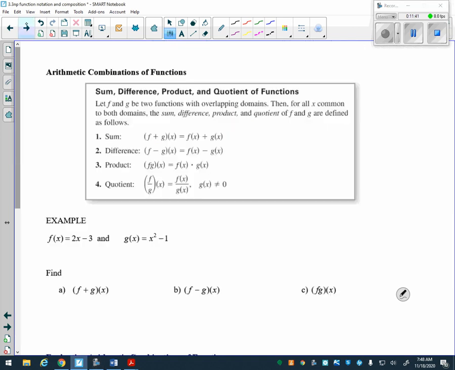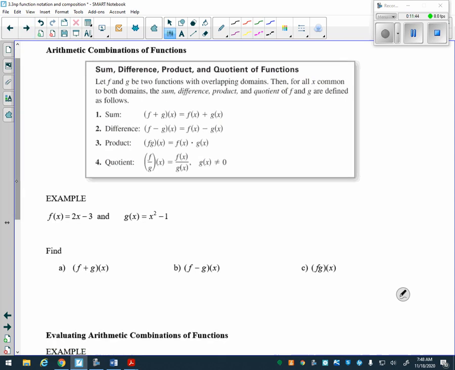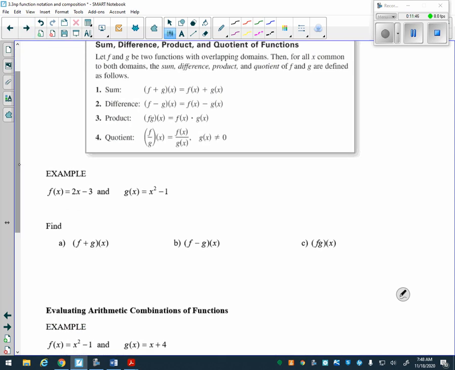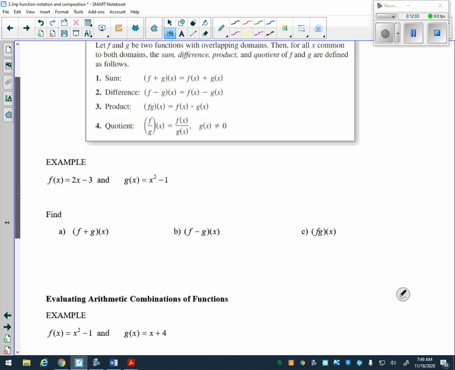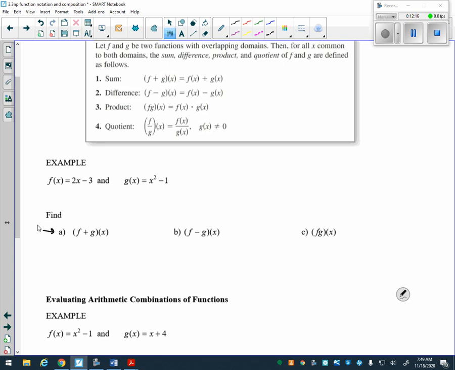Okay. Now we're getting into combination of functions using operations. So we have sum and difference, product as well as quotient. We are going to look at a lot more of adding, subtracting, multiplying, and then eventually composition. So when you have two functions, f of x equals 2x minus 3 and g of x equals x squared minus 1, you are given function notation f plus g of x.